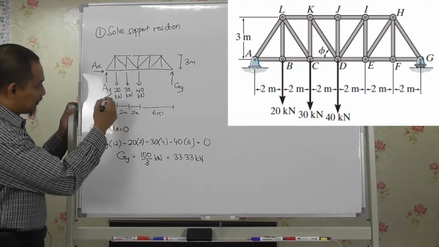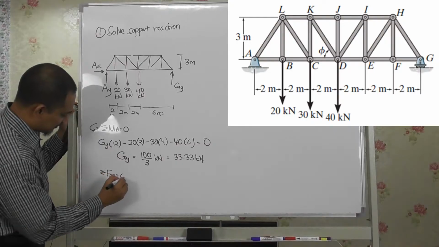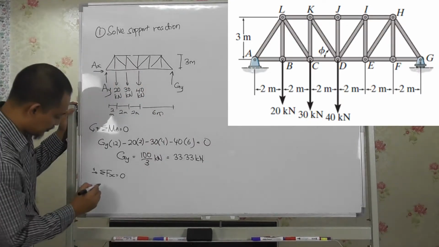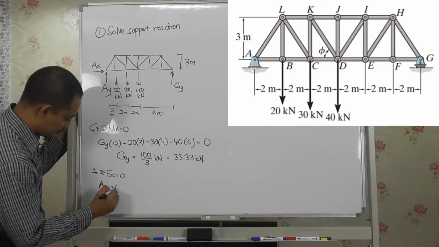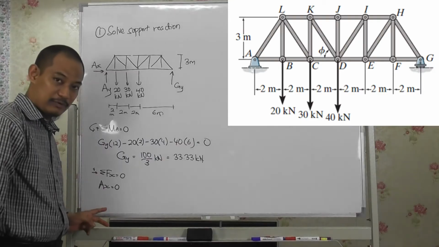Anyway, if you have solved this one, then if you do summation of fx equal to 0, summation of fx doesn't need the rest, right? Because there's nothing there, so you'll get ax equal to 0. So you can start with this first as well.